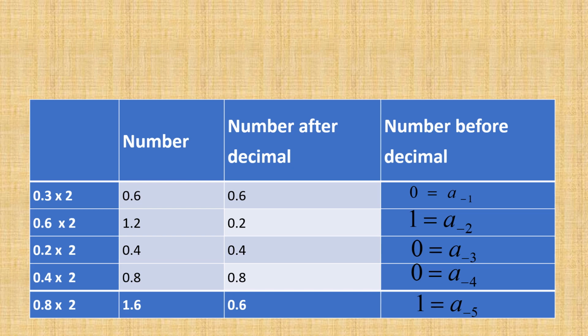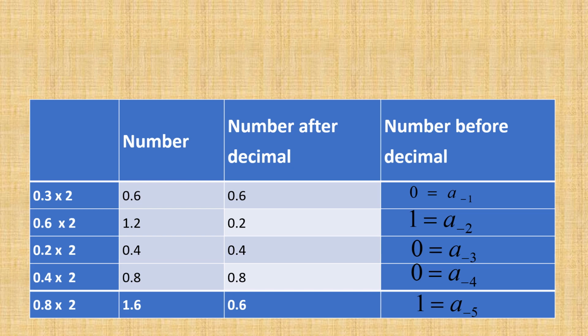0.3 times 2 equals 0.6. Here the number after the decimal is 0.6, the number before the decimal point is 0, which will be recorded as A_-1. 0.6 times 2 equals 1.2. Here the number after the decimal is 0.2, the number before the decimal point is 1, which will be recorded as A_-2. 0.2 times 2 equals 0.4.